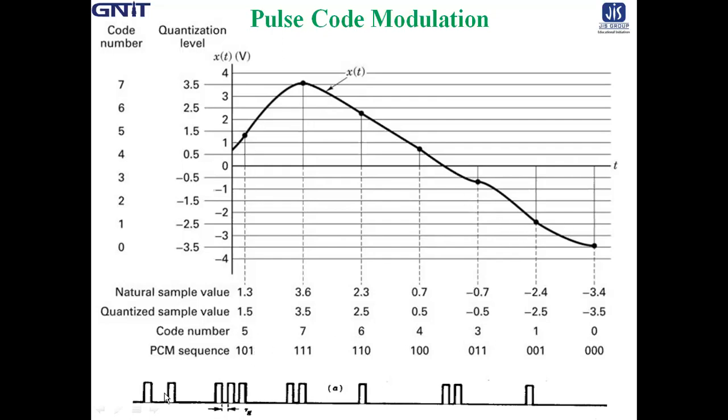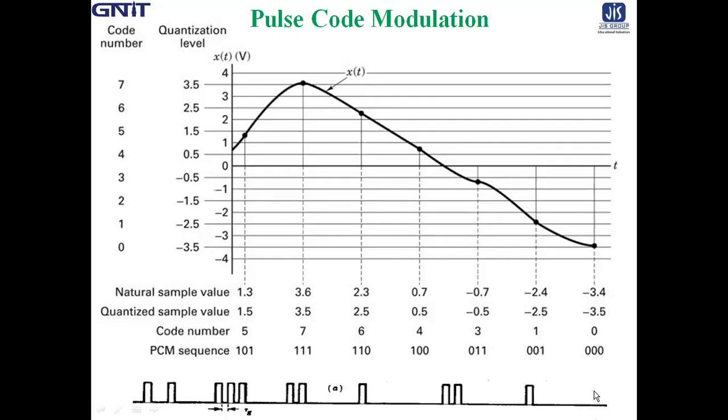So for 101, the first signal is 1, then 0, then 1. Then a space is required to identify the two sample values. Then 111, 3 high signals, then 110, two highs and 1 low signal, then 100, 1 and 2 zeros, then 011, first 0, no signal, then 1, 1, then 001, first 00, no signal, then 1, and finally 000, 3 zeros.